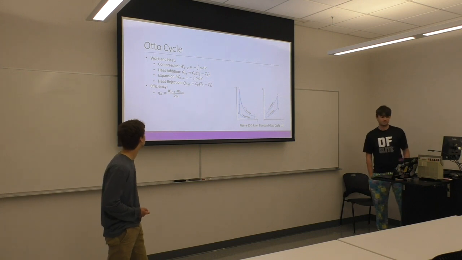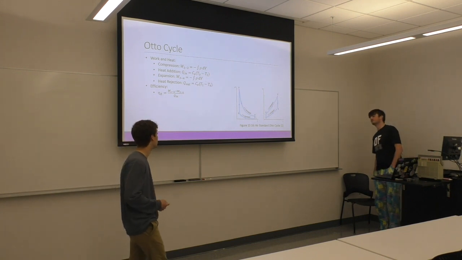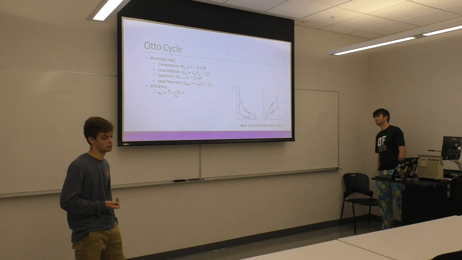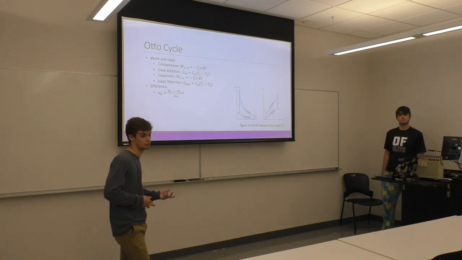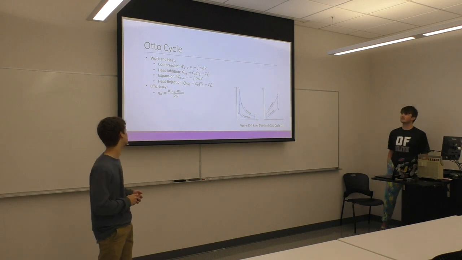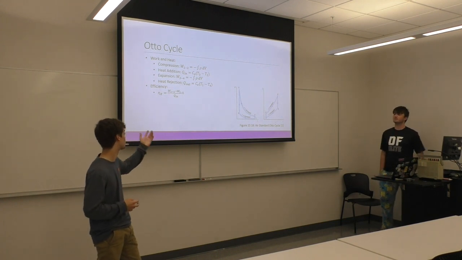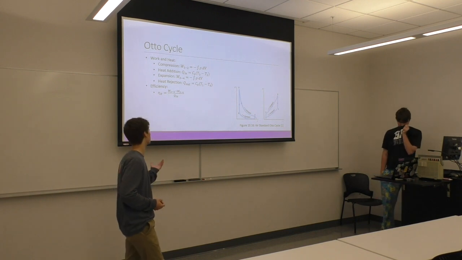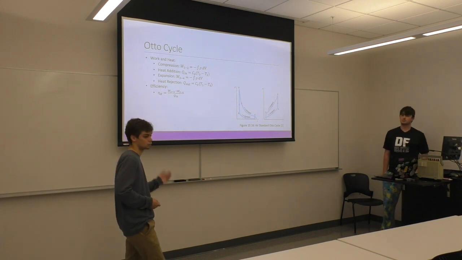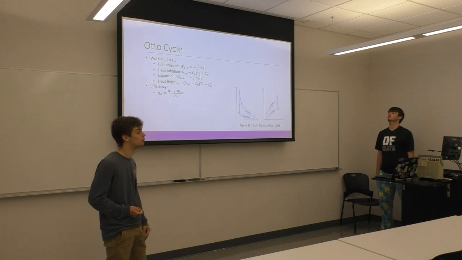The Otto cycle. So this one is going to be similar to the diesel, because as it's expanding and compressing, you're going to have a change in volume. So that's where you're going to have the integral. You have to change your initial volume and your final volume. So the work for that will be pressure times change in volume, basically.